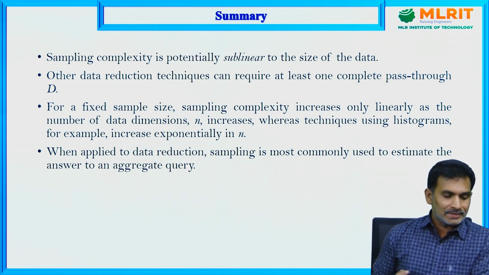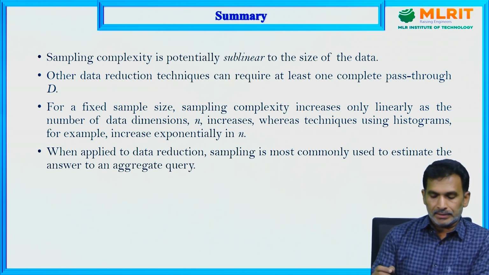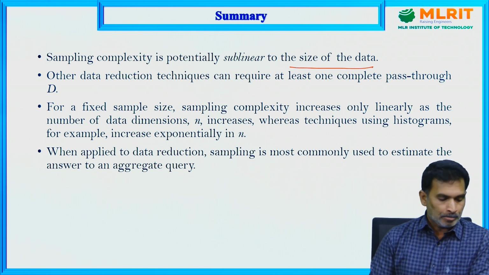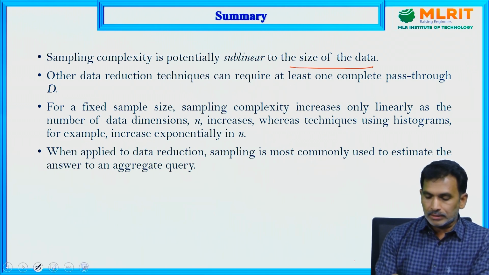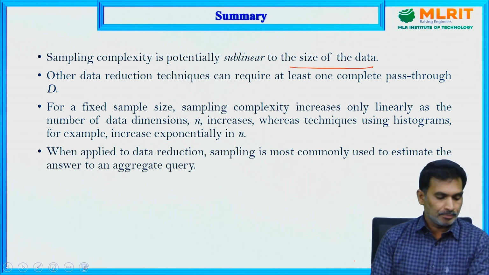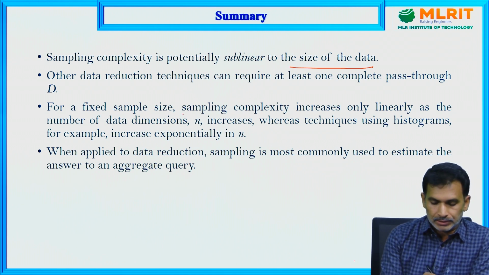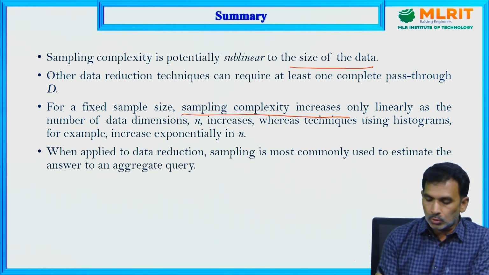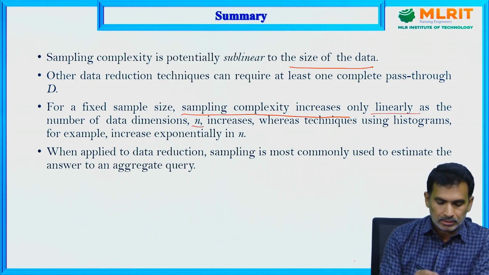Coming to sampling, its complexity is potentially sublinear to the size of the data. Other data reduction techniques can require at least one complete pass through the data. For a fixed sample size, the sampling complexity increases only linearly as the number of dimensions increases.